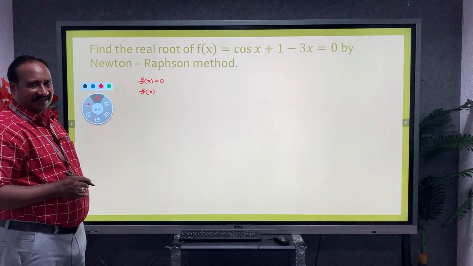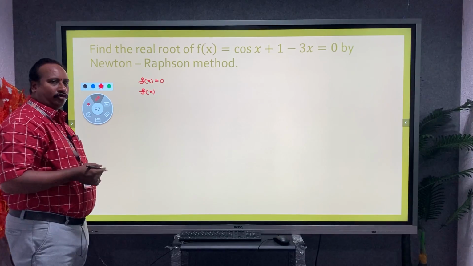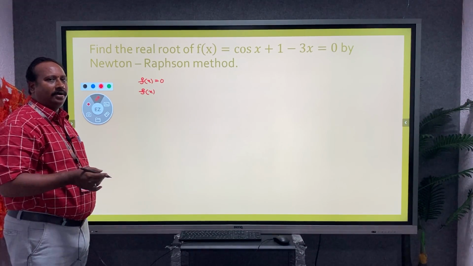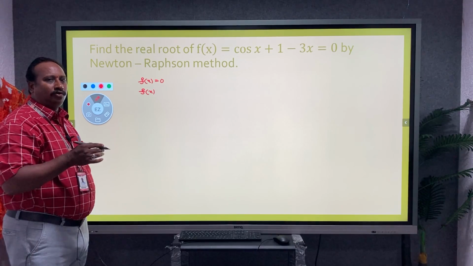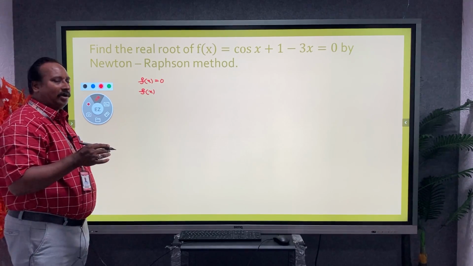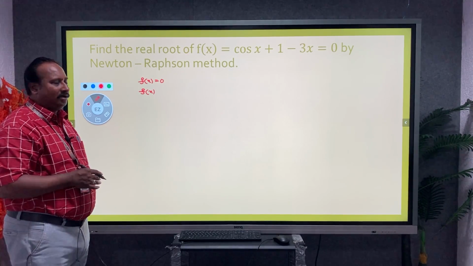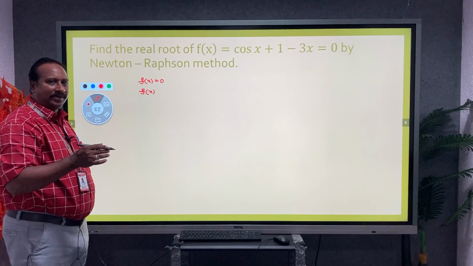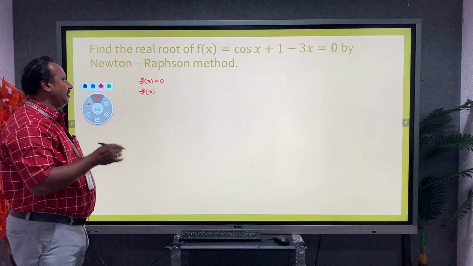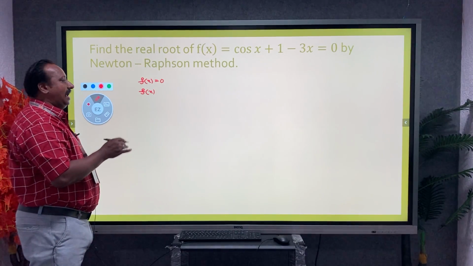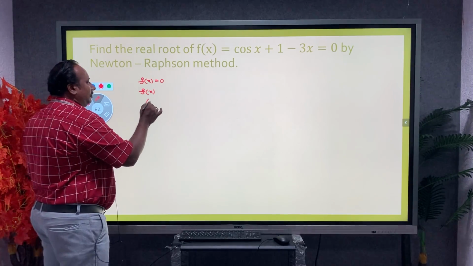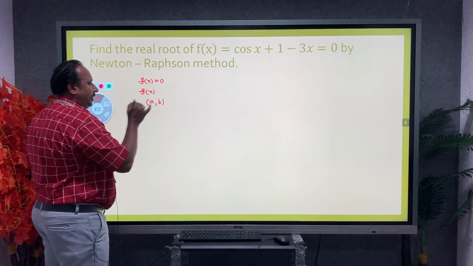And substitute in x place 0, 1, 2, 3, and so on, until we get any two successive values of opposite signs. If you got opposite signs, then stop the procedure and identify the interval, that is a comma b.